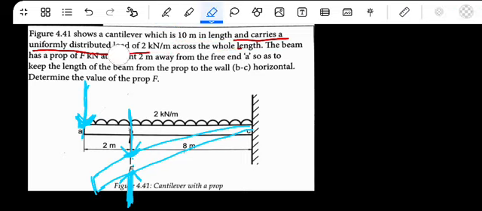The beam has a propped force F kN at a point 2 m away from the free end. The beam is kept horizontal at the prop. Calculate the value of the propped force.